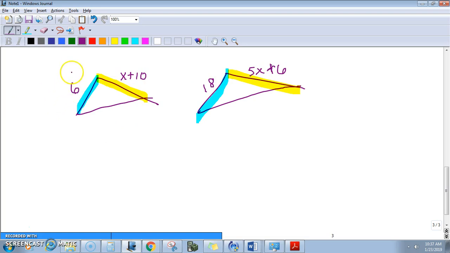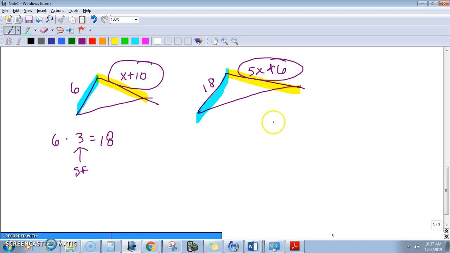Okay. So how can we figure out what this is? Well, since our blue sides correspond, our scale factor must be 3, because 6 times 3 is 18. So that's our scale factor. So I know if I take this and multiply it by 3, I will get this. So what does that look like?